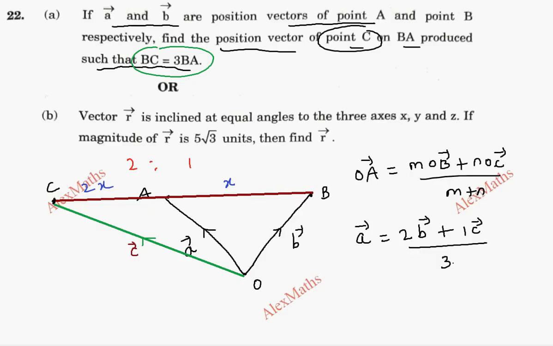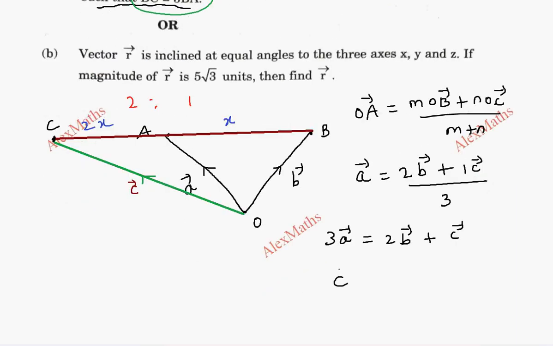So from this we can cross multiply and get this is 3a vector equal to 2b vector plus c vector, and finally c vector is 3a vector minus 2b vector. Even if we use the externally dividing formula, still we get the same answer.